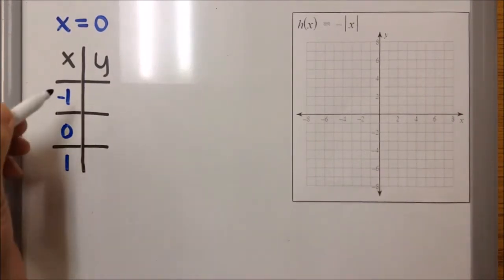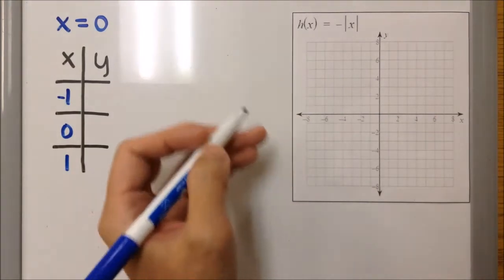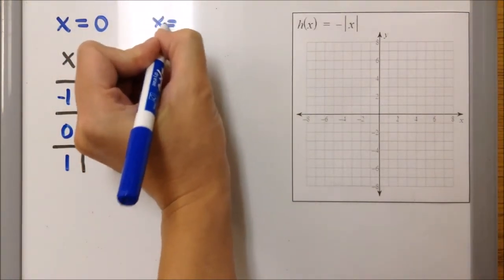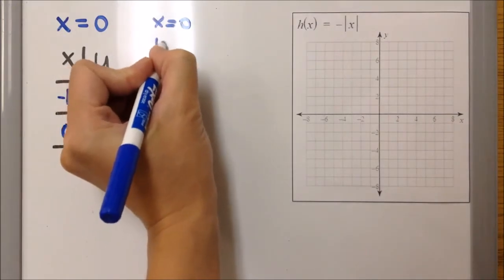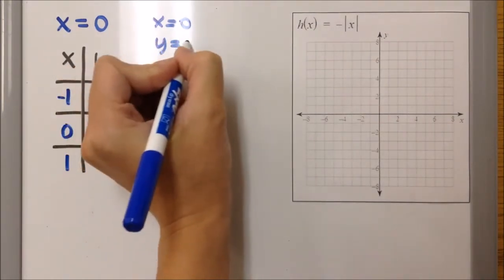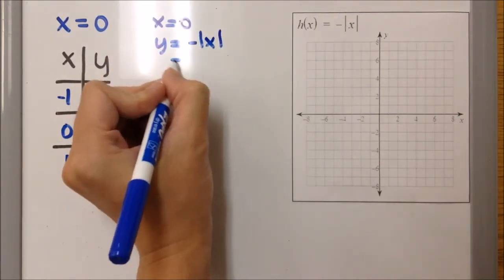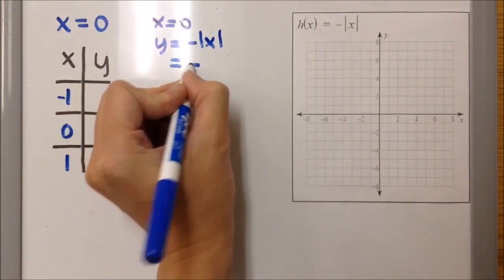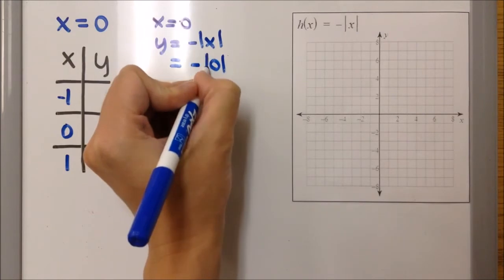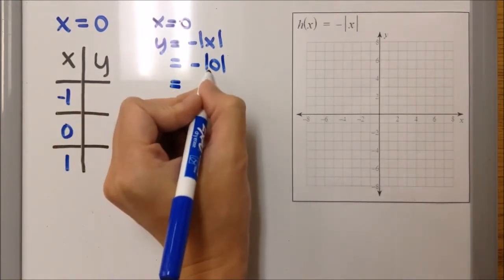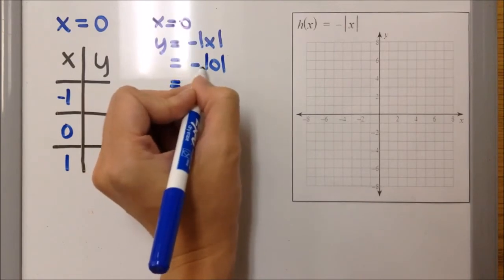So all we have to do is just plug in the x-coordinate and then get the y values. So our first one is x equals 0. So negative of absolute value of x. And all we're doing is just plugging in to x. Now again, just like before, I mentioned that we should always keep the absolute value just in case we might have a number in the front.